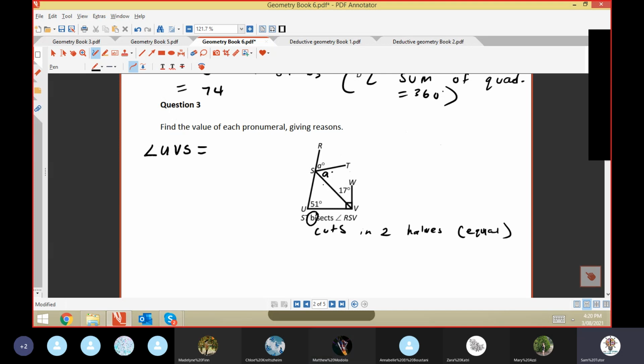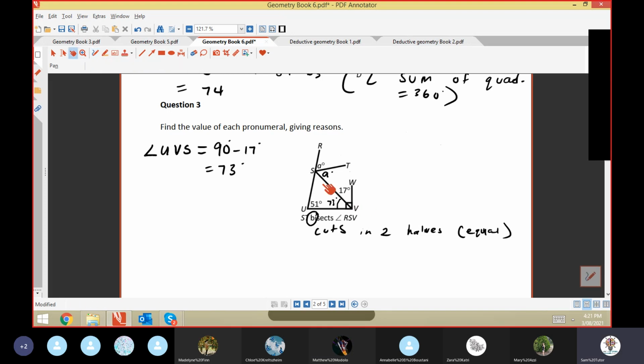Angle UVS, this angle in here. How do I find that? Would it be 73? Yes. How did you get it? Just 90 take away 17. Perfect. So that gives me 73 in there. Correct?